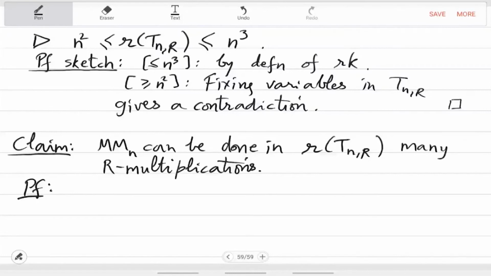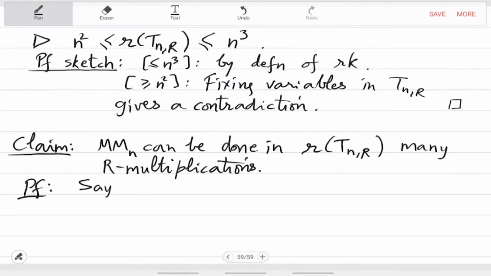So what is the proof of this? You look at the definition of the tensor and these Li, Mi, Ni.